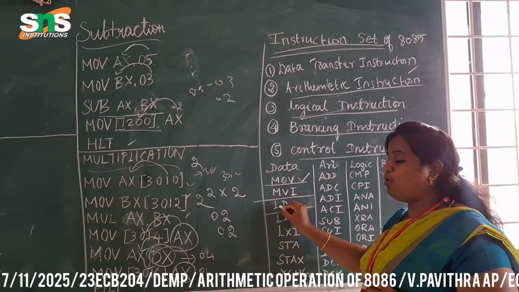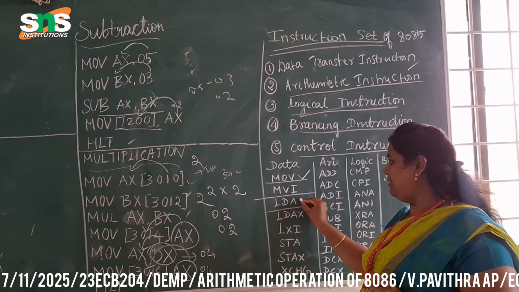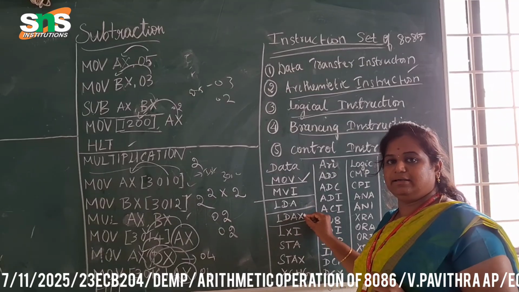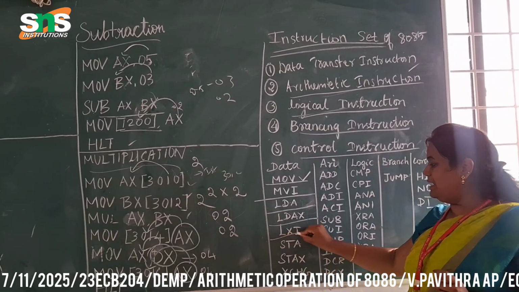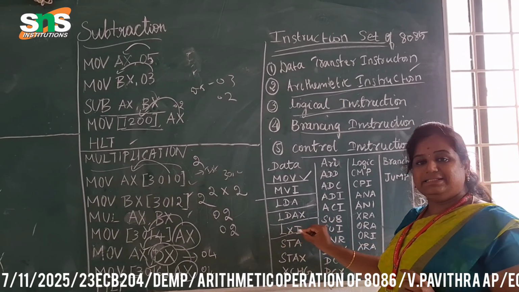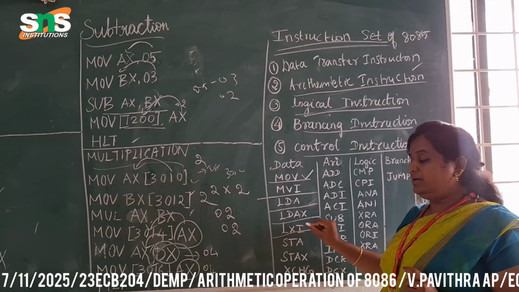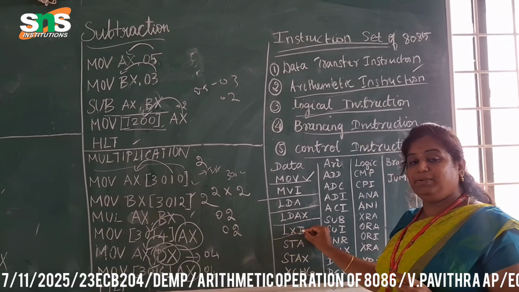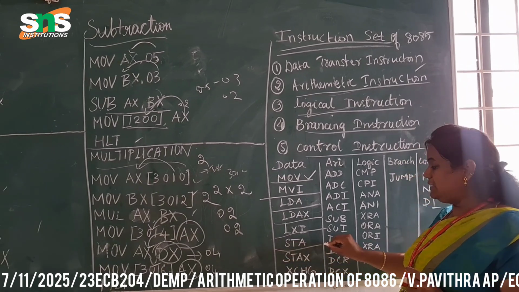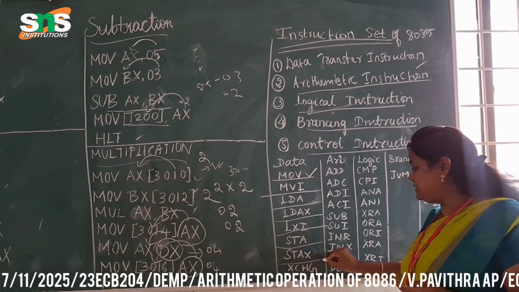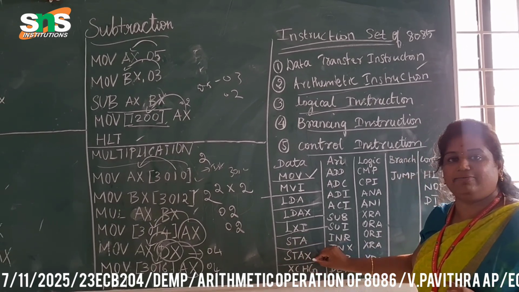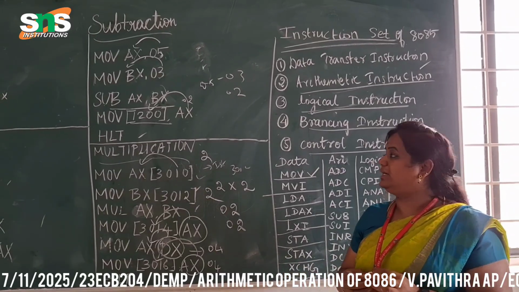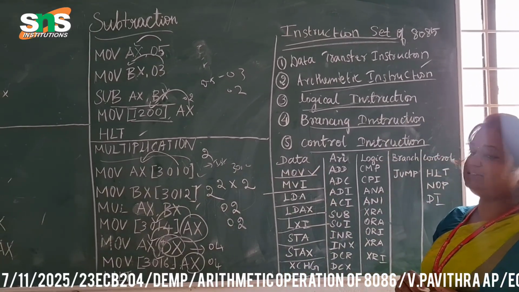LDA is load accumulator. LXI means load the 16-bit data immediately. STA is store, STAX is store the 16-bit value, and XCHG is exchanging or swapping. These are called the data transfer instructions.